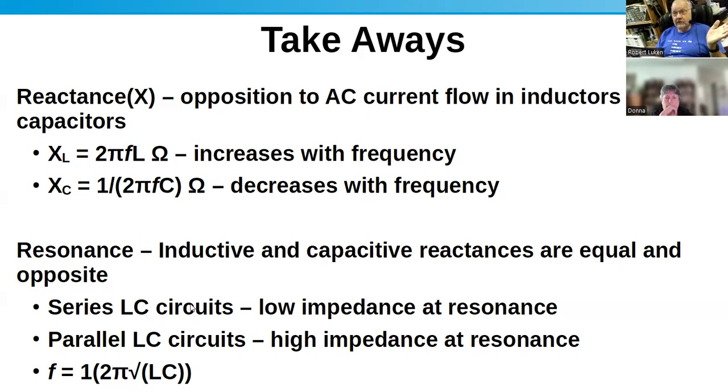In a series LC circuit, it has a low impedance at resonance. A parallel will have a high impedance at resonance. Remember, they're opposite. And the formula for resonance, if you do some simple algebra and you set 2 pi fL equal to 1 over 2 pi fC, you can manipulate it for f and you come out with 1 over 2 pi times the square root of LC.